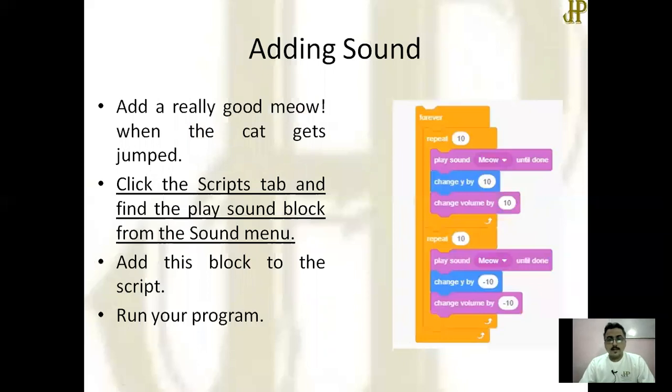Now at last I have to add sound. If you want some music in your animation, then this can also be done. So for the program, I'm going to insert a sound. How to do this?